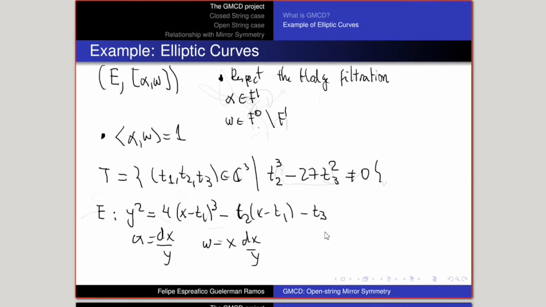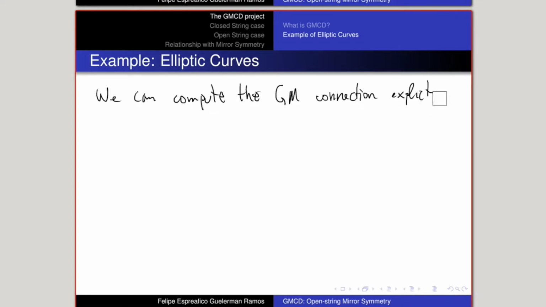What happens is that we can compute the Gauss-Manin connection explicitly in this case, and after that we can consider the following fact. There is a unique vector field R such that the Gauss-Manin connection applied to the form alpha is minus omega, and the Gauss-Manin connection applied to omega is 0.